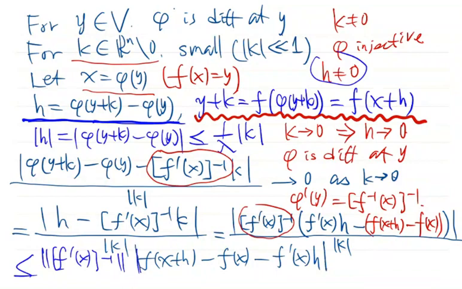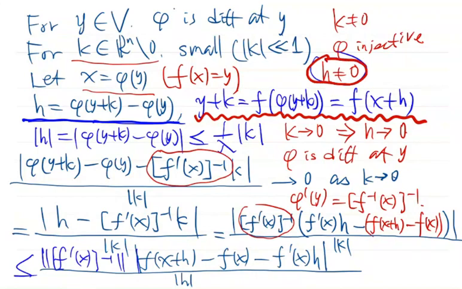And for the denominator, the norm of k, we can replace it using the norm of h. Because h is not zero, we emphasize h is not zero here, therefore the norm of h is not zero.